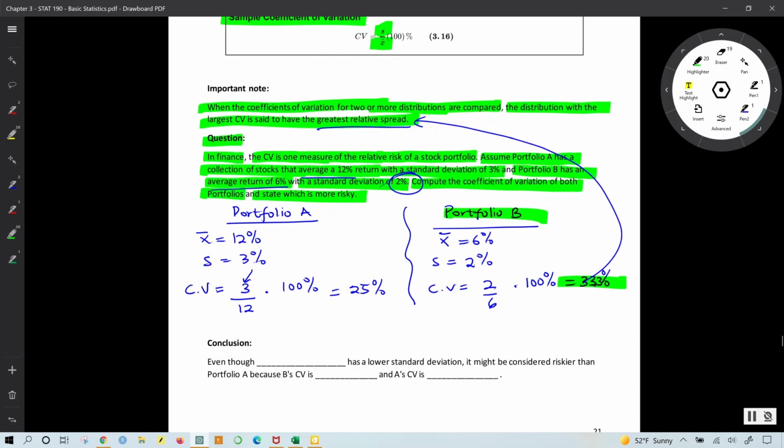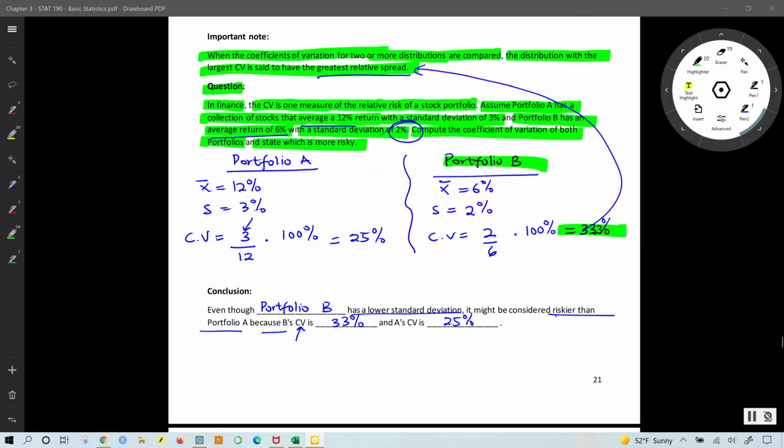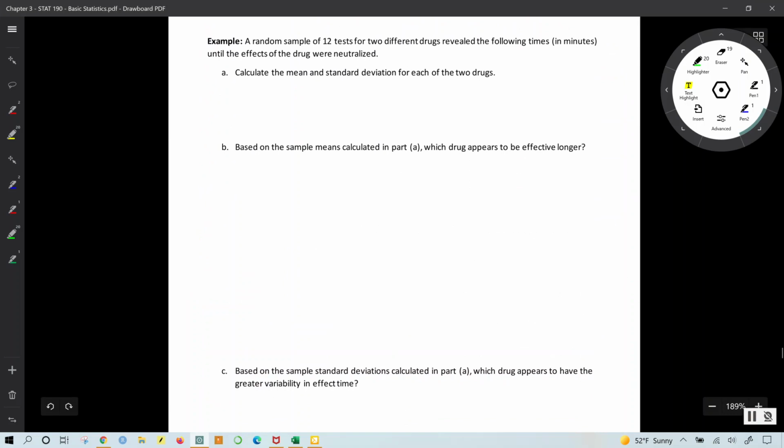So, even though portfolio B has a lower standard deviation, it might be considered riskier than portfolio A because B's coefficient of variation is 33%, which is higher than A's coefficient of variation, which is 25%. With that completed, we proceed to the next example.